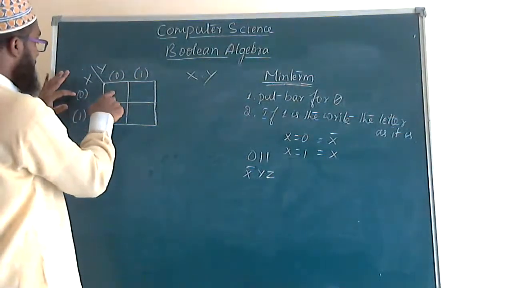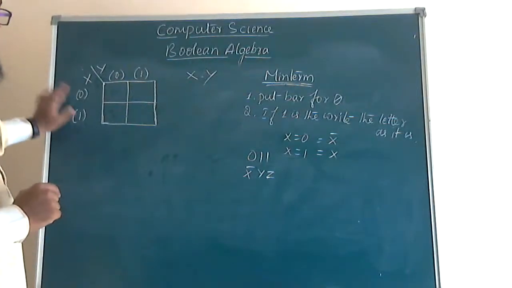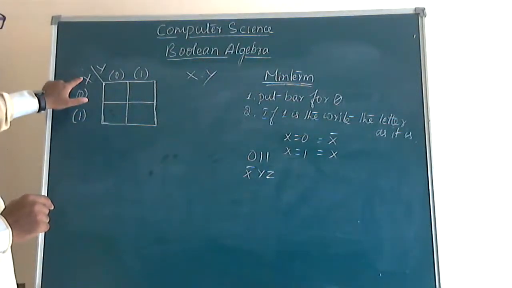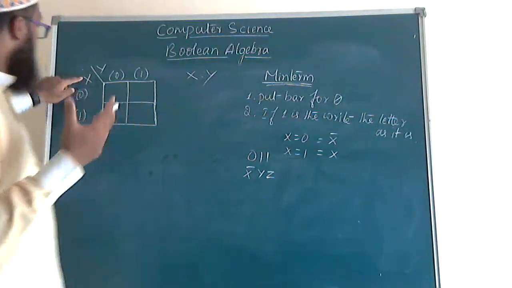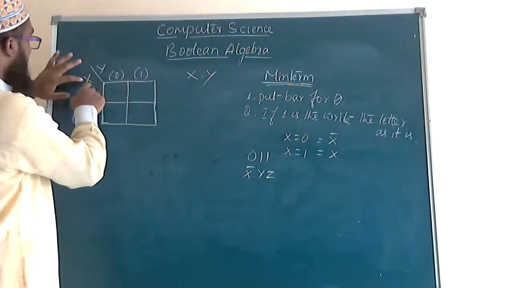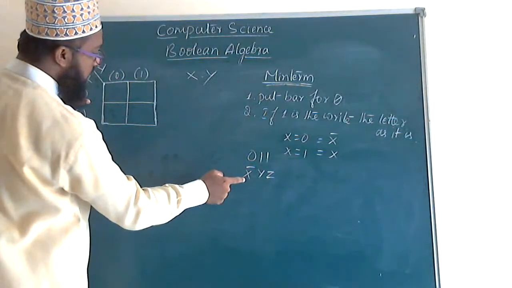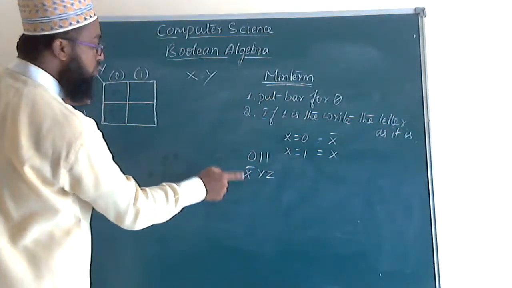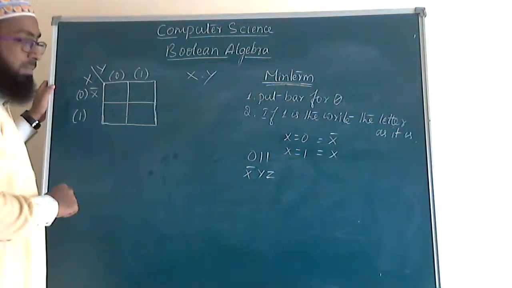This is the address of this square. Concentrate here, look clearly. Here 0 and 1, here also 0 and 1. X is there. In place of 0, we have to put a bar, so we need to write here x bar.